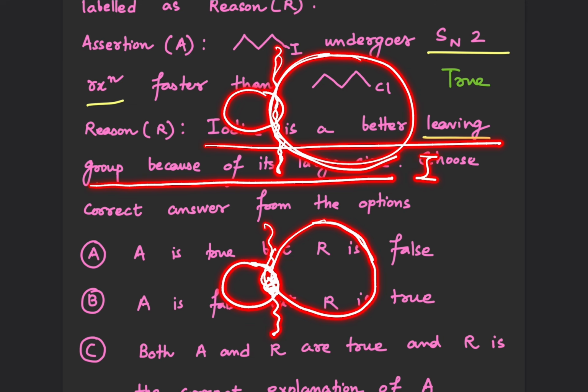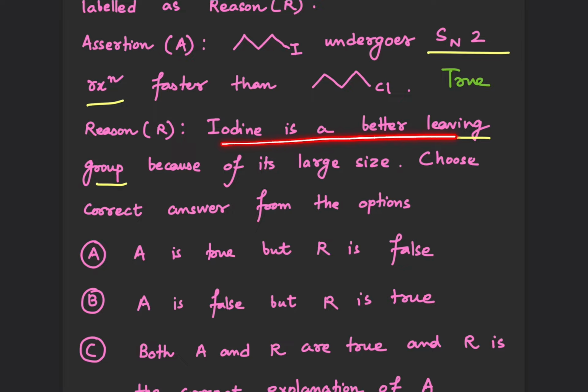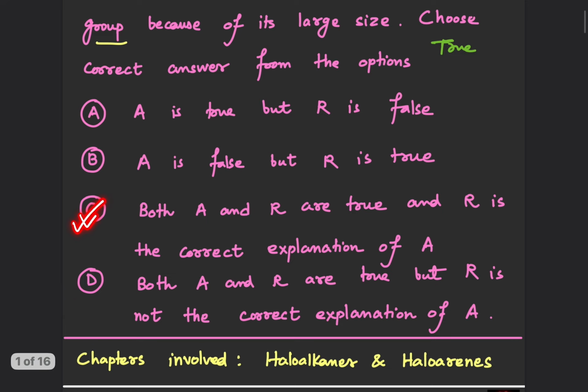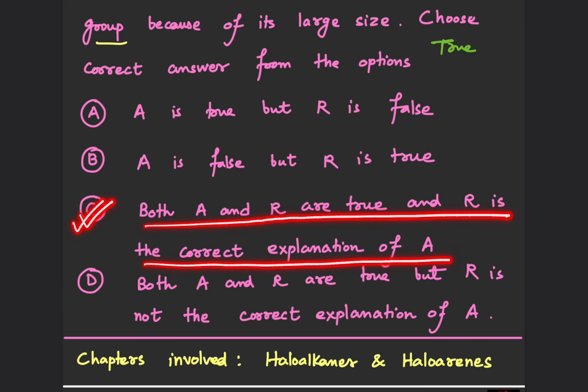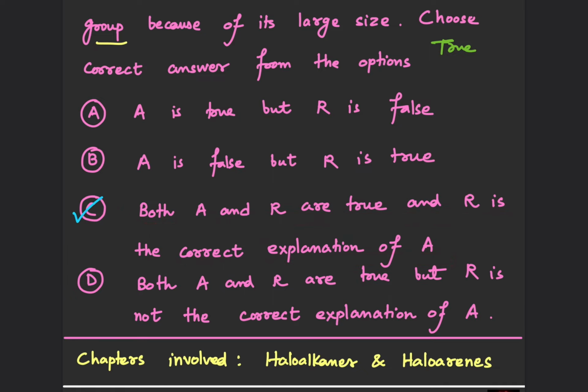So it can easily form I minus compared to Cl minus. So therefore, yes, iodine is a better leaving group because of its large size. Correct. So the reason is also true, and it is also the correct explanation of the assertion. So therefore the answer will be C. That is, both assertion and reason are true, and the reason is the correct explanation of the assertion. Okay. Thank you.